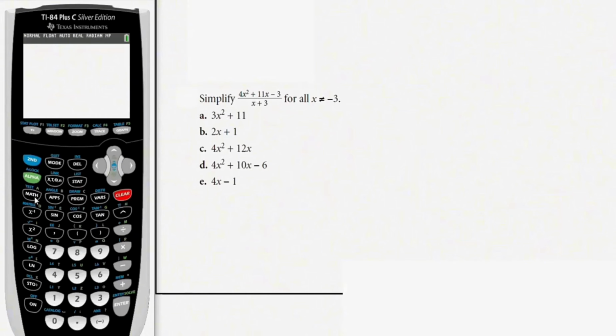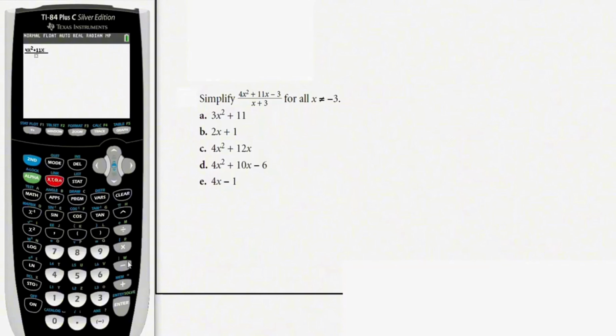So it's in fraction. To bring out the fraction button, press alpha and the window button. Alright, so look at fraction. Go for option 1. So we have 4x squared, plus 11x.